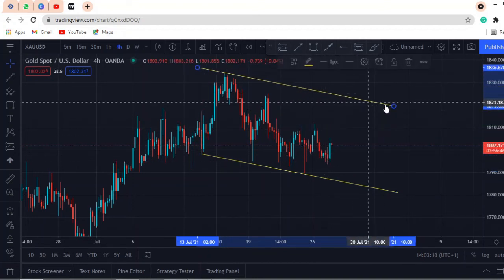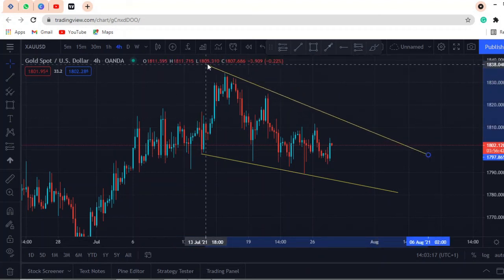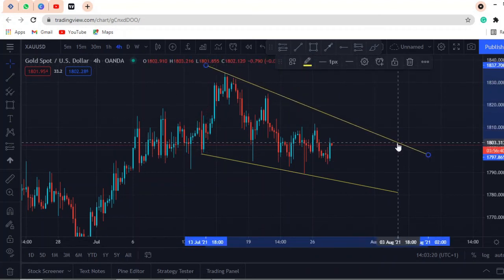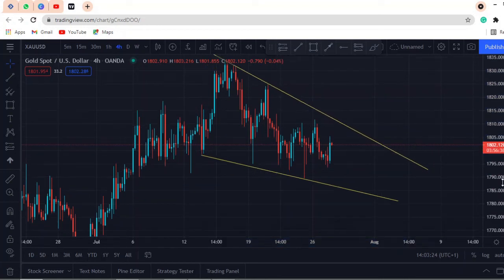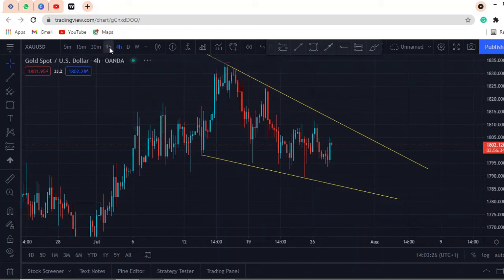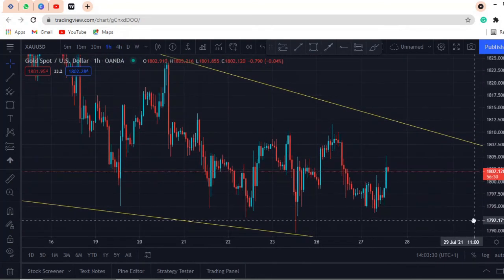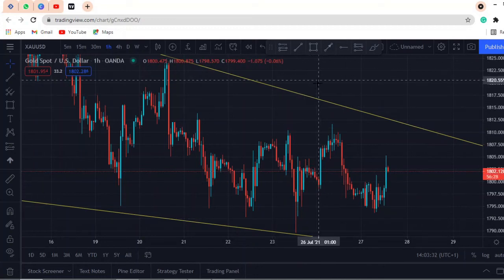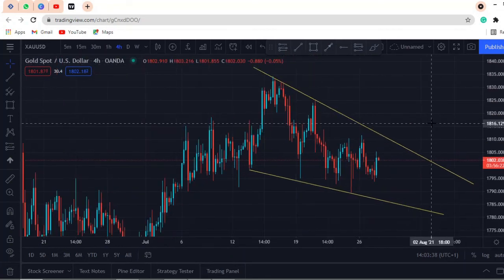Okay, so I'll draw something like this. Then if I go to the 1 hour time frame, you can see that there are several levels here, but let me stick to the 4 hour time frame because I like higher time frames, as they give me more accuracy.